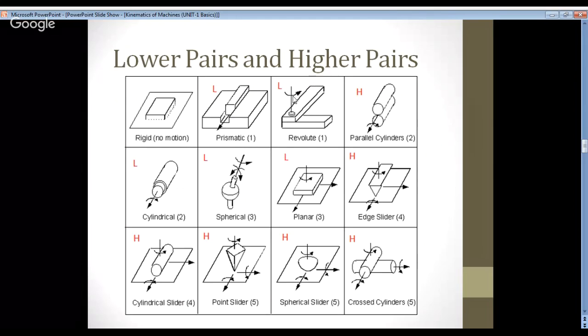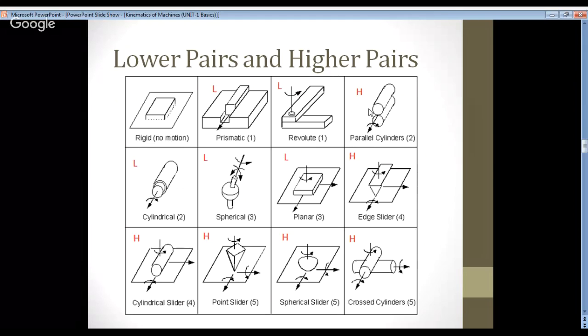Similarly, in the revolute case, this body is revolving around this bottom plate with the help of a pin joint, so there is a surface contact between the pin and this body. So it is an example of a lower pair.